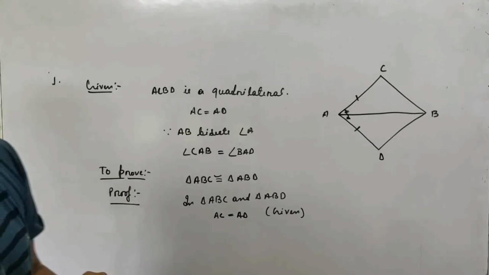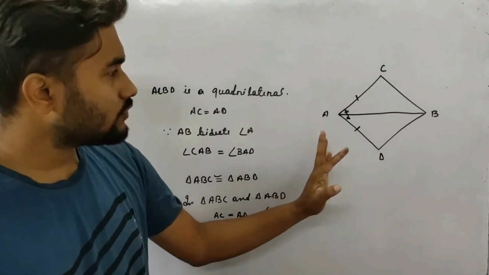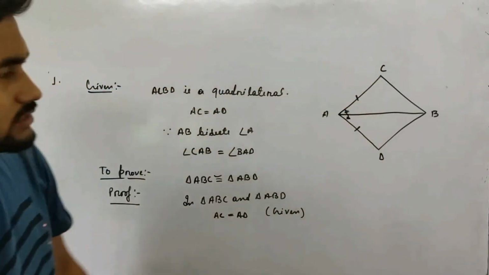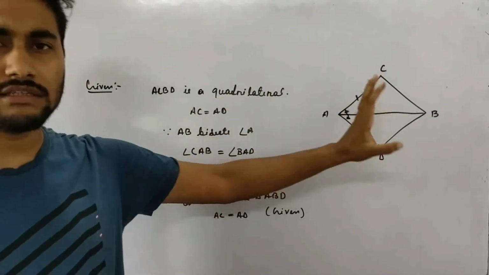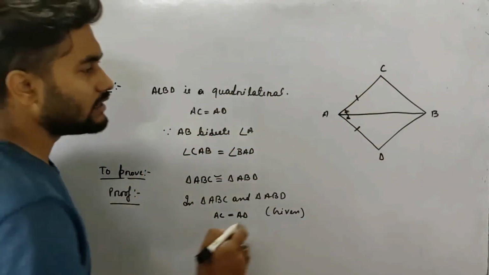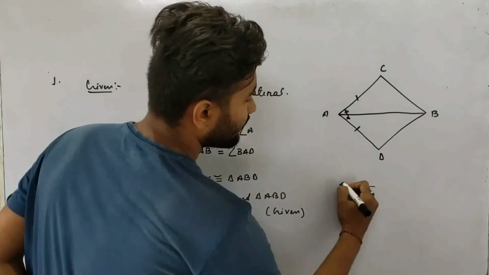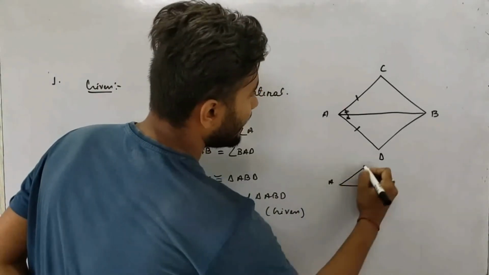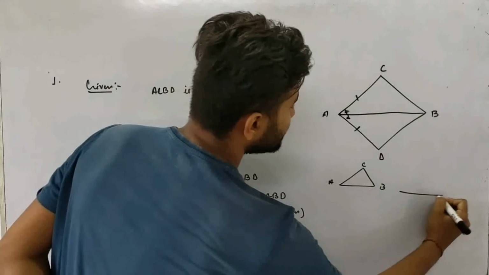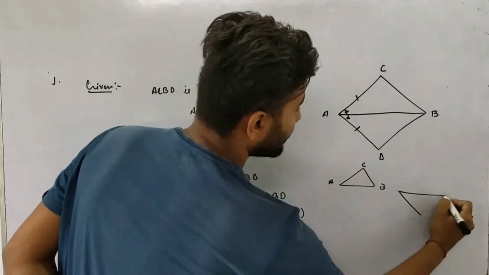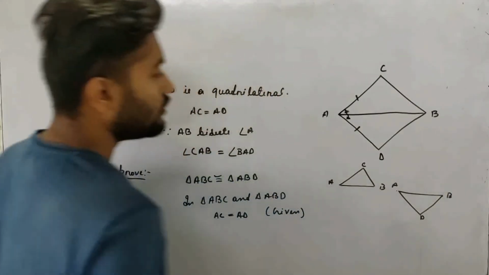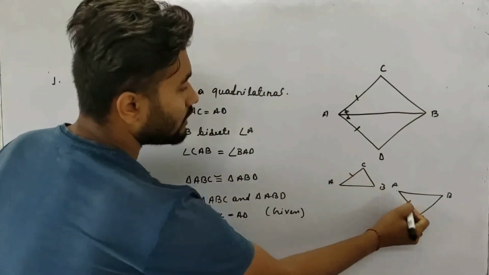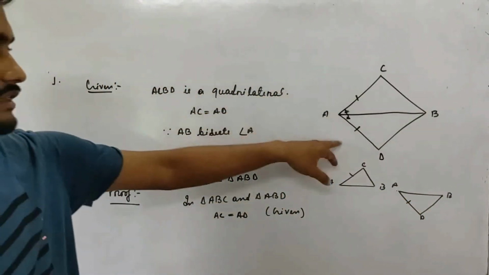Done. Next one is what? In these two triangles, if you find difficulty, actually this diagram is very easy, but still if you find it difficult, you can draw two separate triangles. This is one triangle ACB and this is another triangle ADB. Now you see this side is equal to this side, already given in the question.